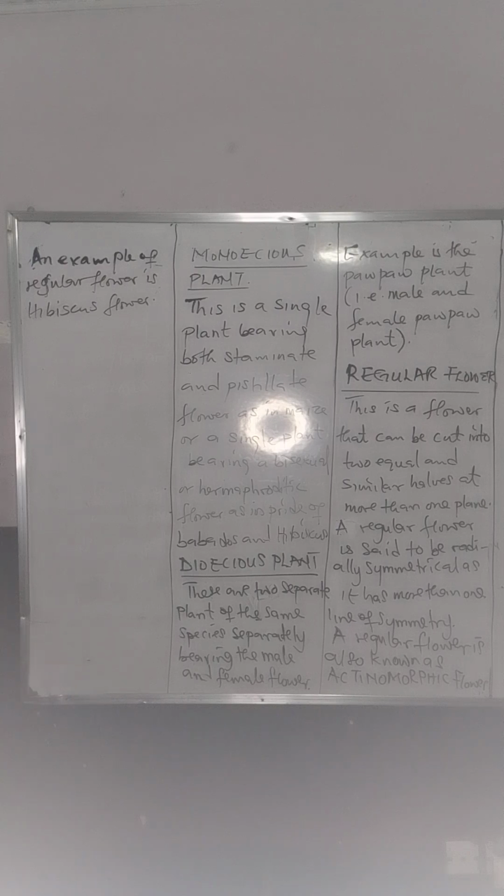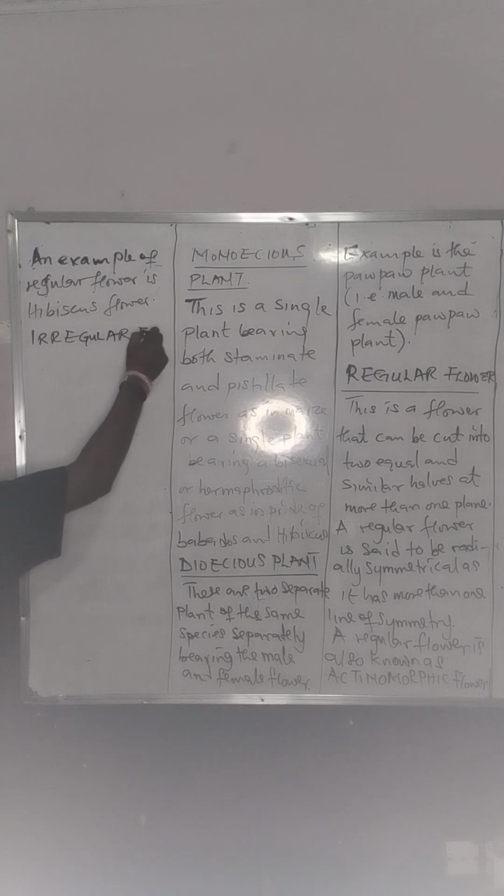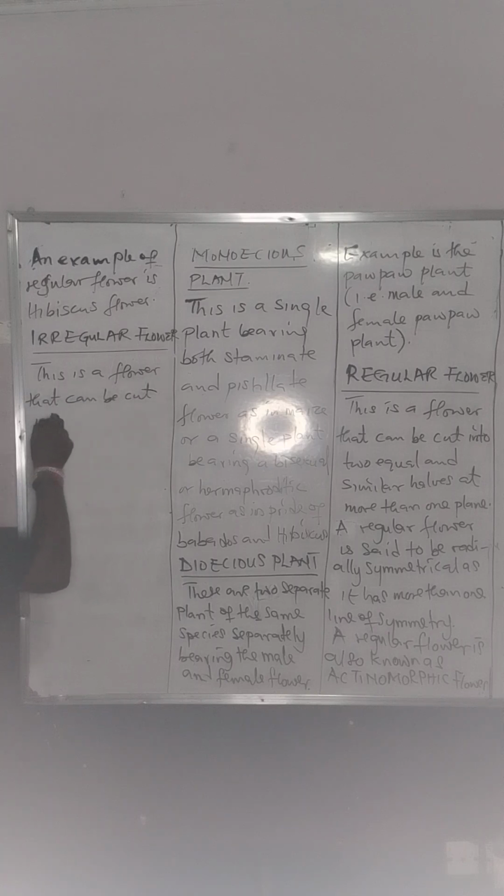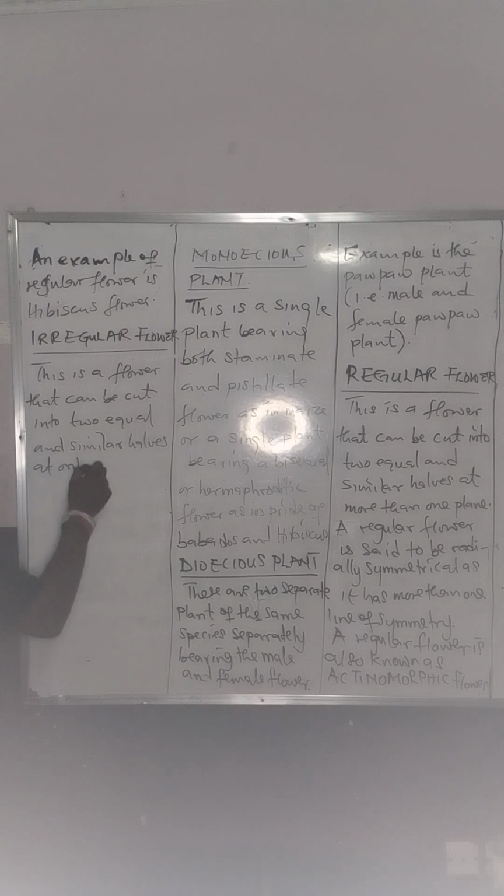So now, then let's look at irregular flower. This is a flower that can be cut into 2 equal and similar halves at only one plane.